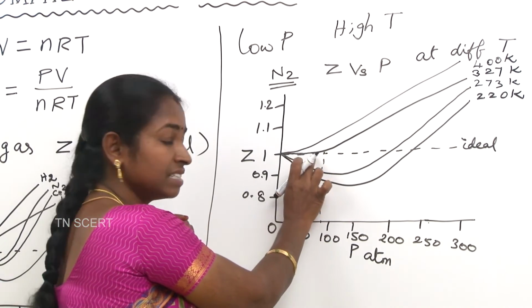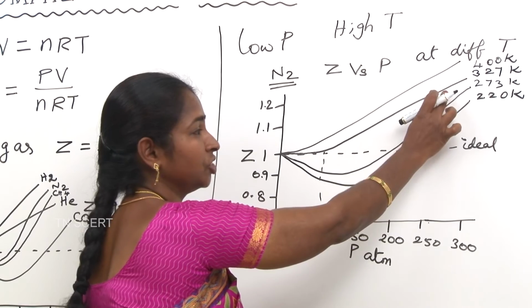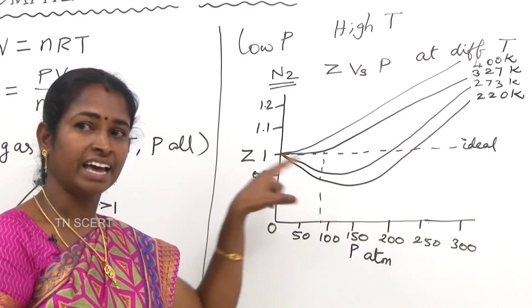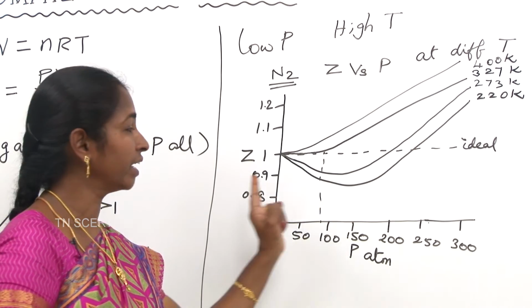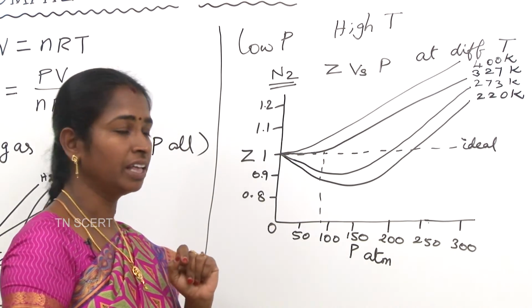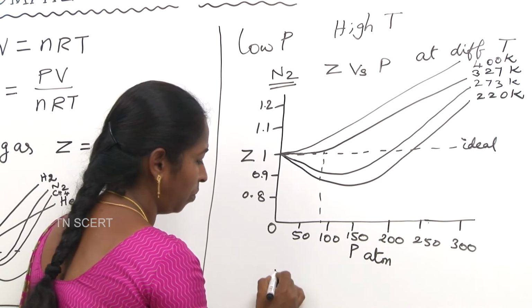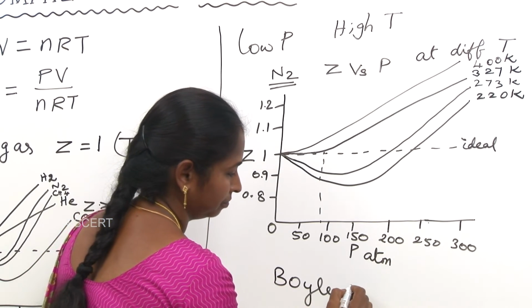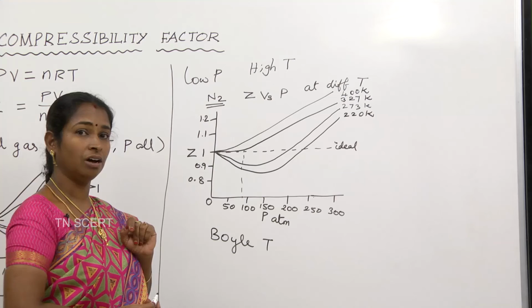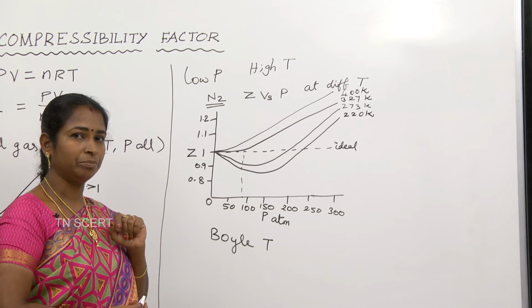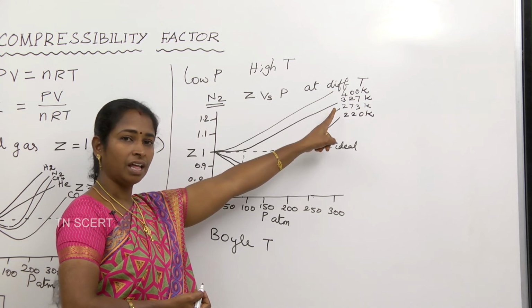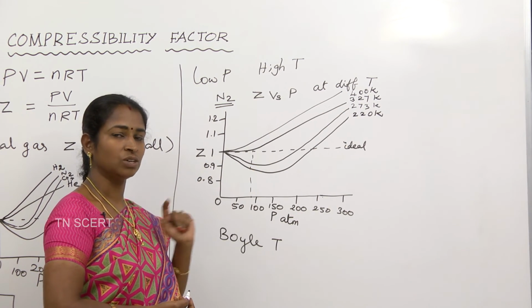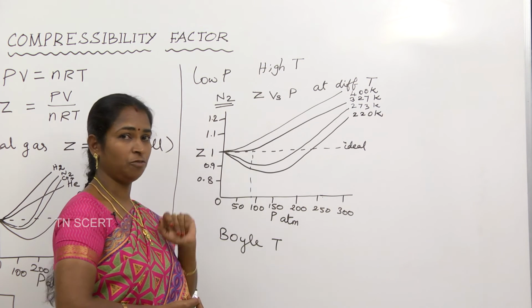So, it acts as an ideal gas at this temperature. This temperature where a real gas acts as an ideal gas over an appreciable range of pressure is said to be Boyle point or Boyle temperature. What is Boyle temperature? The temperature at which the real gas acts as an ideal gas over an appreciable range of pressure.